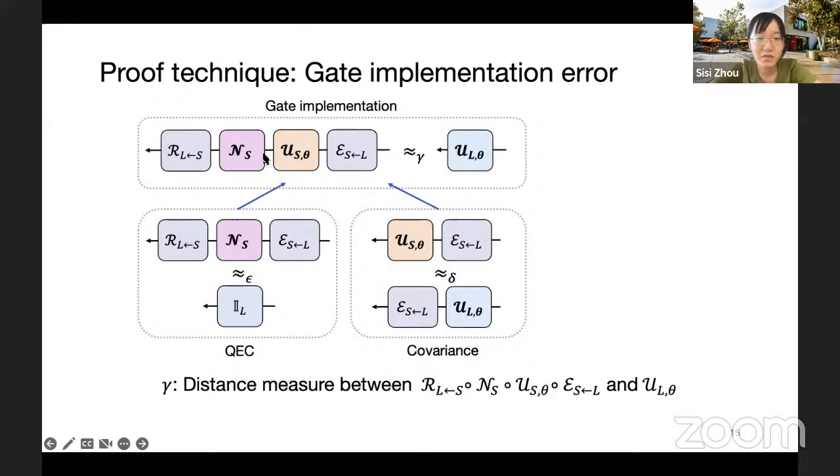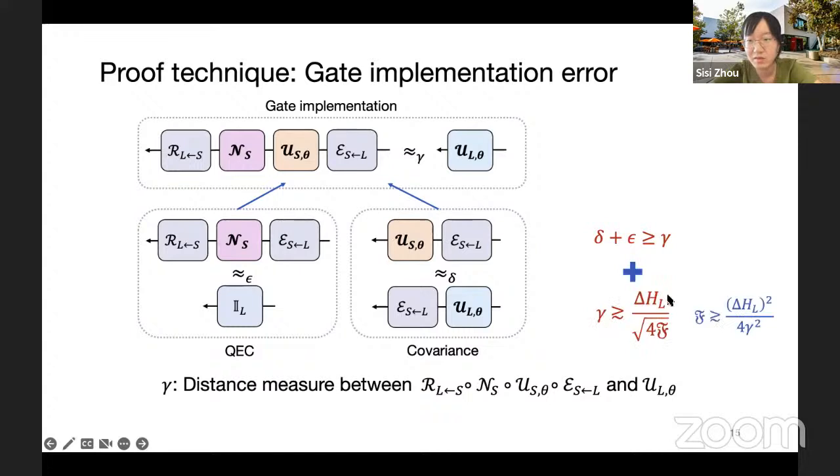However, if the code is not exactly error correcting and covariant, gamma is going to be larger than 0. So one can show that the sum of epsilon and delta is going to be lower bounded by gamma. If it is possible to derive a lower bound on gamma, we would have our second type of trade-off relation.